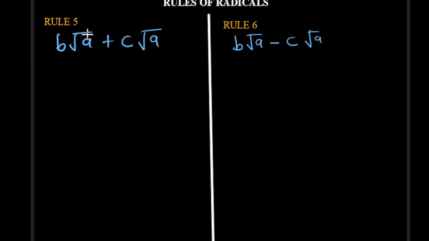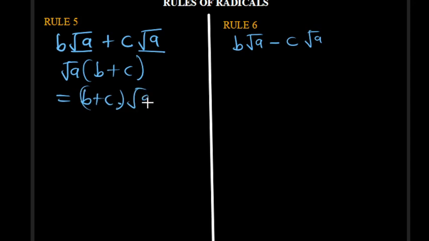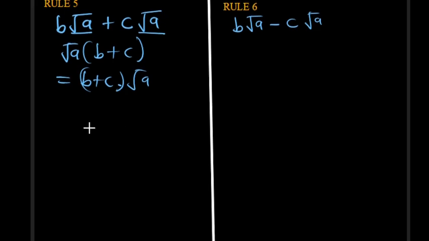So for rule number 5, when you have a combination like b root a plus c root a, this root a is a common factor, so you can always factorize by bringing out root a and putting b plus c inside the bracket. So this is the same thing as b plus c, all times root a. Now let's look at this example.